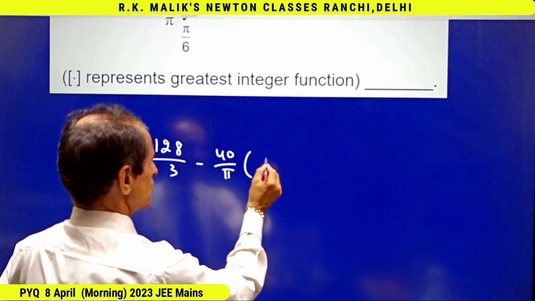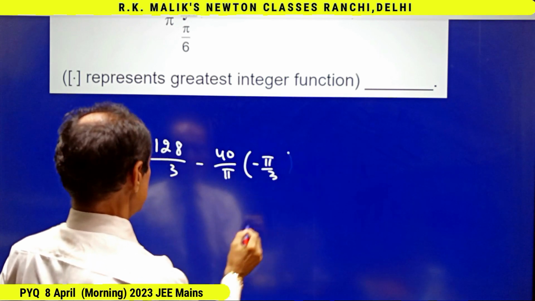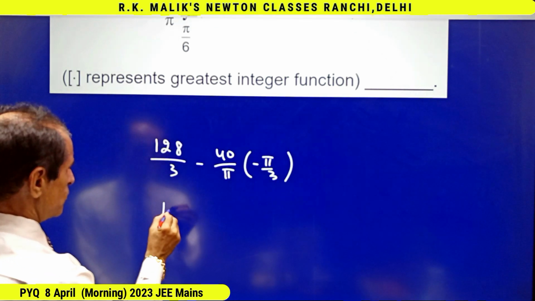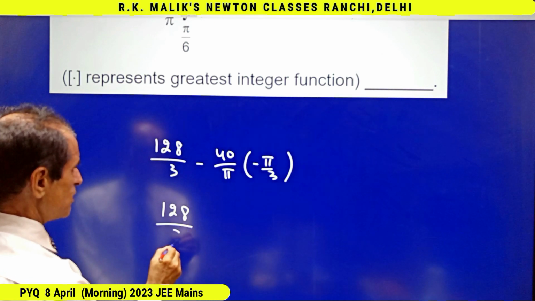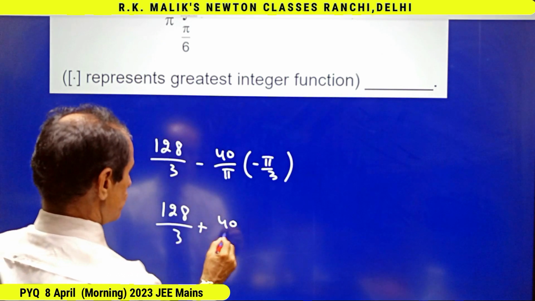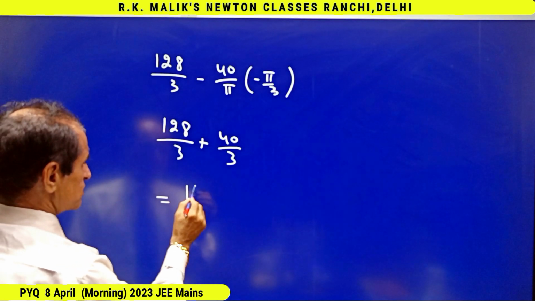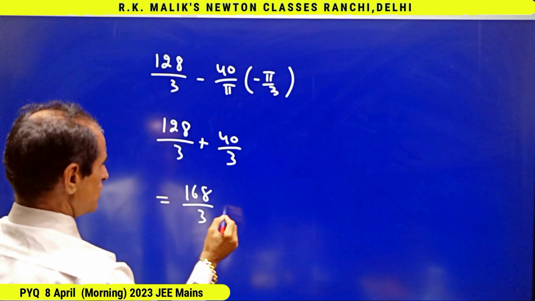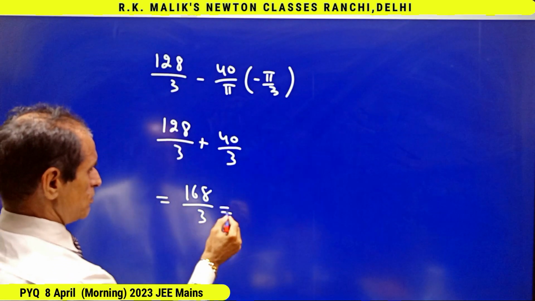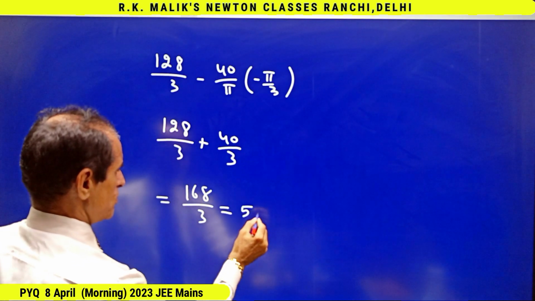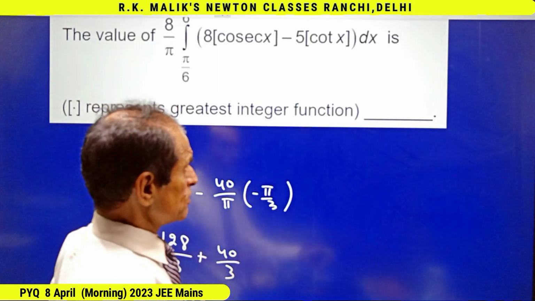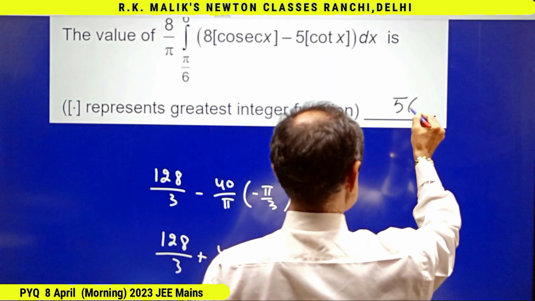That is, I get 128 by 3 plus 40 by 3, which is equal to 168 by 3, that is 56. Hence the answer is 56.